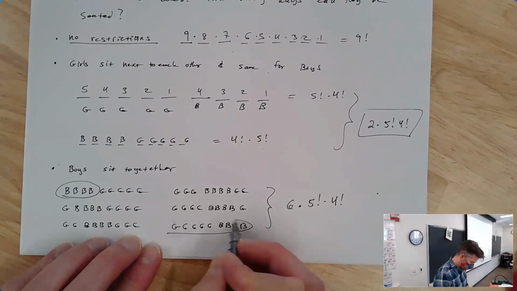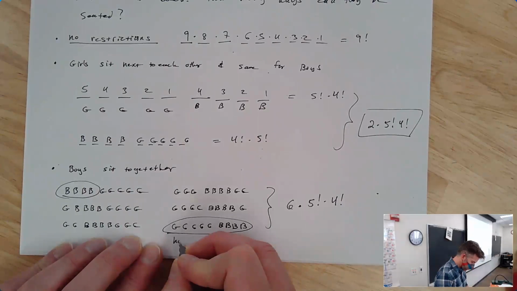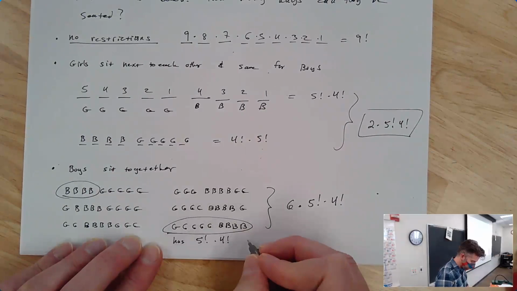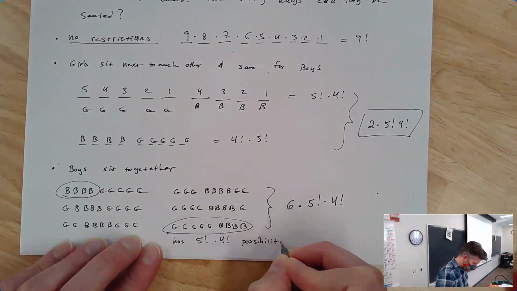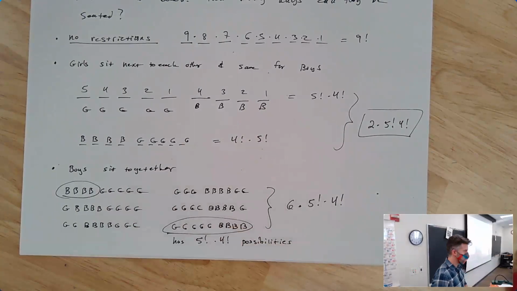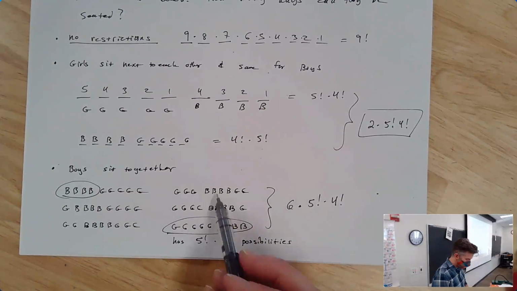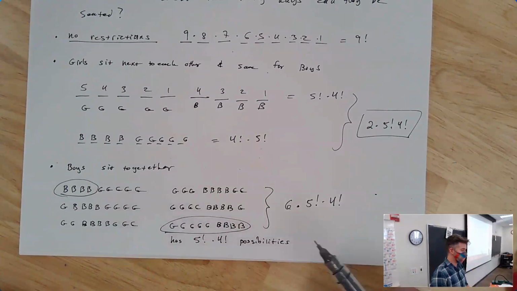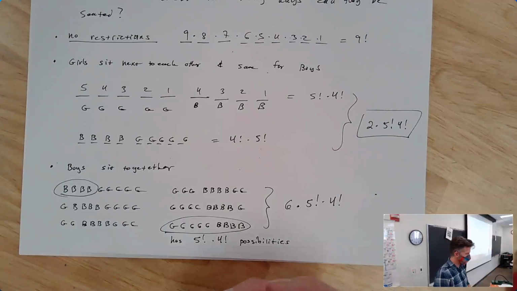Each of these has 5 factorial times 4 factorial possibilities, and so do each of these. So there's 1, 2, 3, 4, 5, 6 times 5 factorial times 4 factorial possibilities. Kind of a lot. Does that seem reasonable?